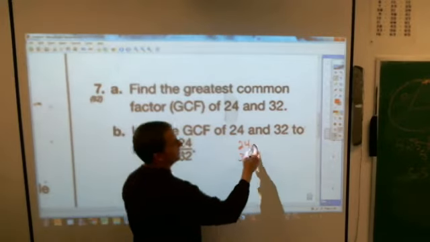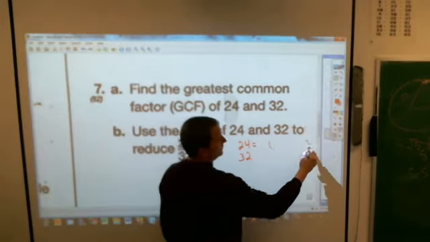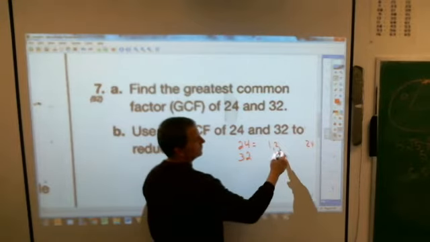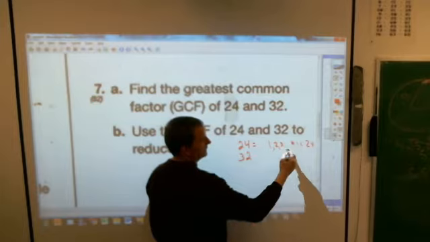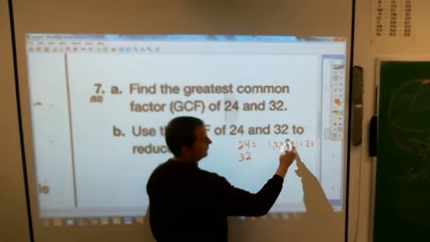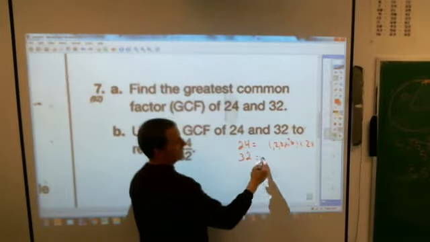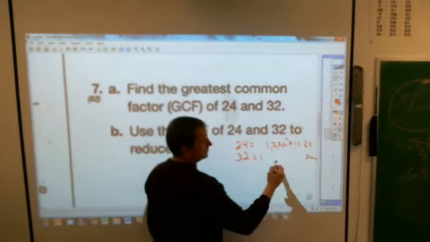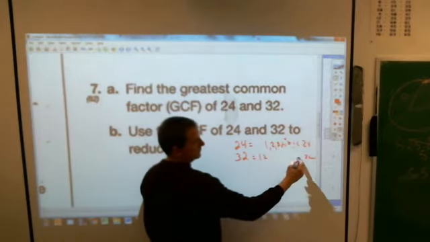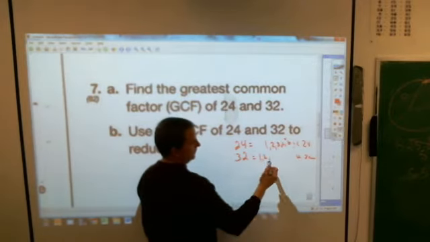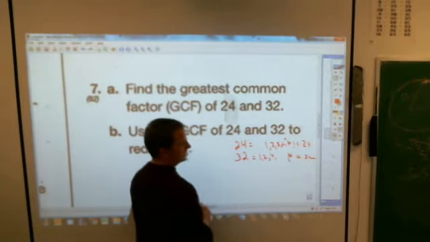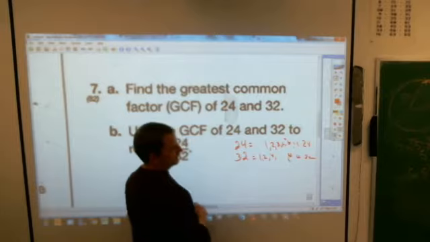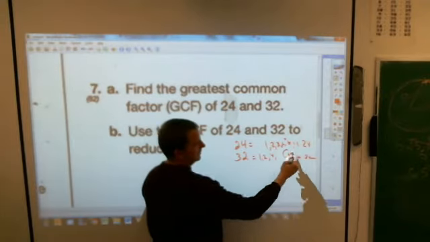Let's see. 24, my factors are 1 and 24, 2 and 12, 3 and 8, and I didn't leave myself enough room, 6 and 4. Factors of 32 are 1 and 32, 2 times 16, 4 times 8, and that's it. So the greatest one they have in common is 8.